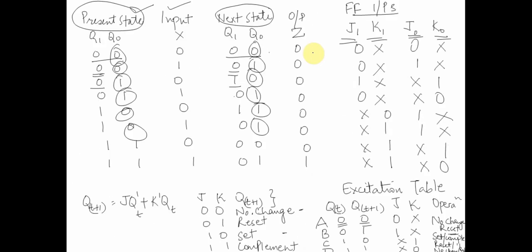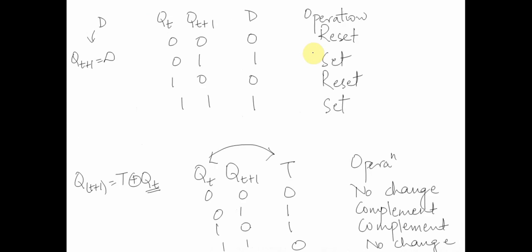Our flip-flop inputs were something like this. Let me just capture these values again so that this example is clearer to all of us. These were present state, these were input, these were next state, these were flip-flop inputs, this was output.